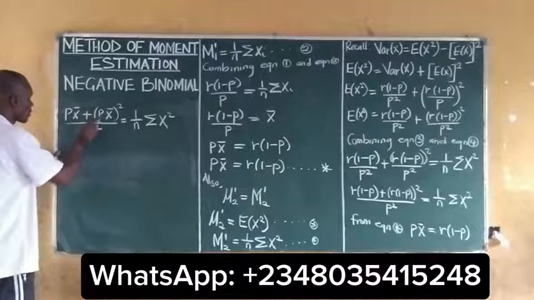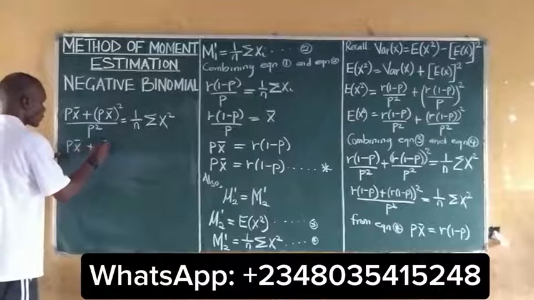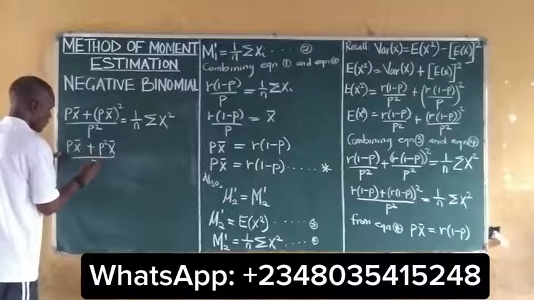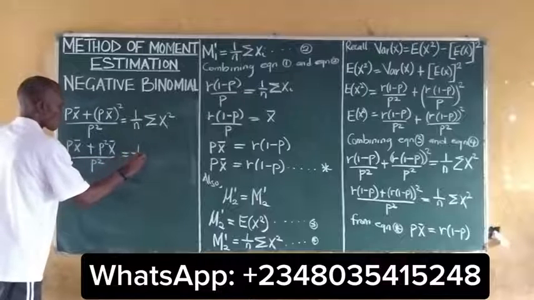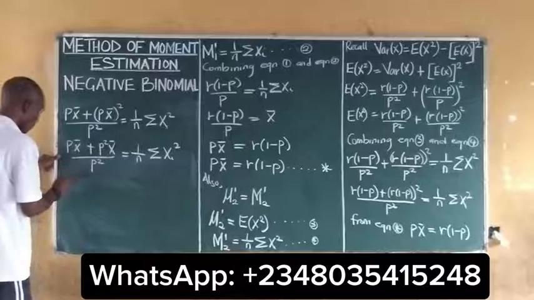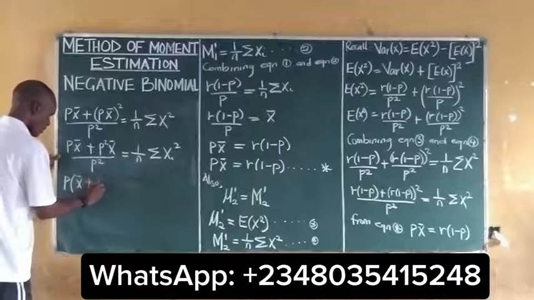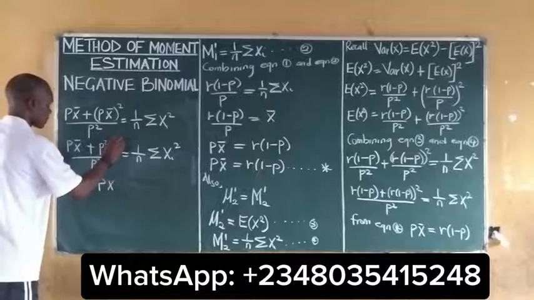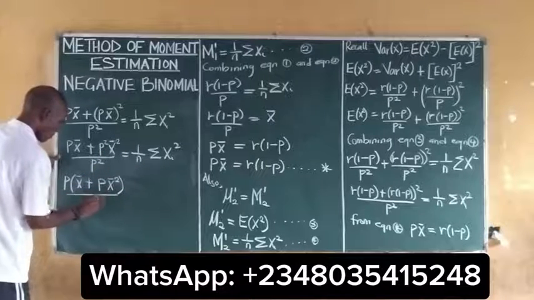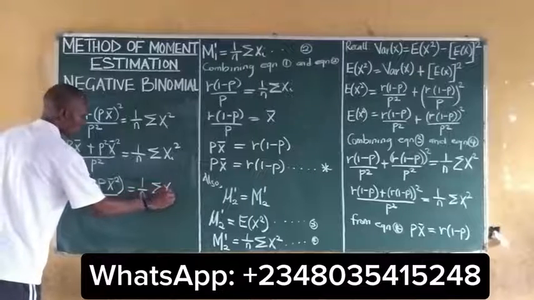So we can cancel here. Something can come out here. We can have p x bar plus p squared x bar squared, if we open the brackets, all over p squared to be equal to 1 all over n summation of xi squared. So p can come out here to give us p multiplied by this, x bar plus p x bar squared, all over p squared, equal to 1 all over n summation of xi squared.